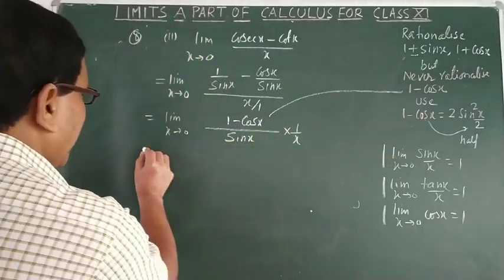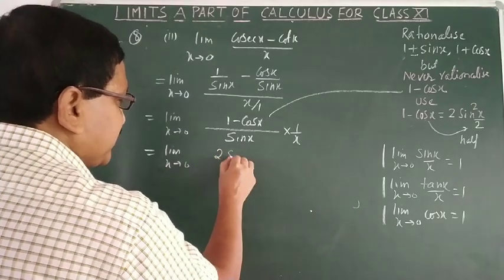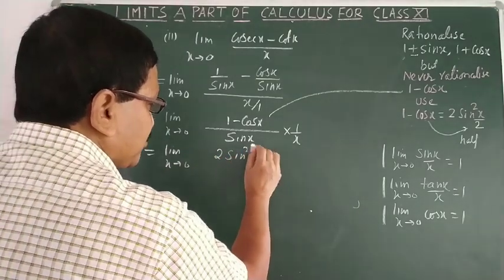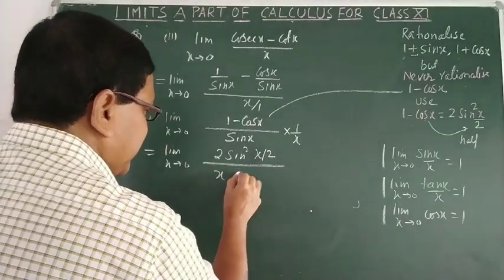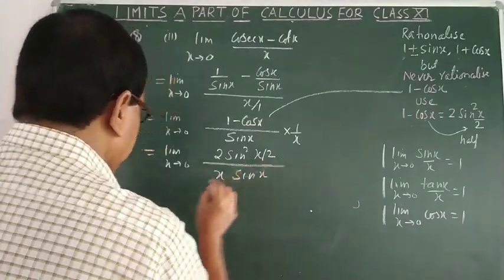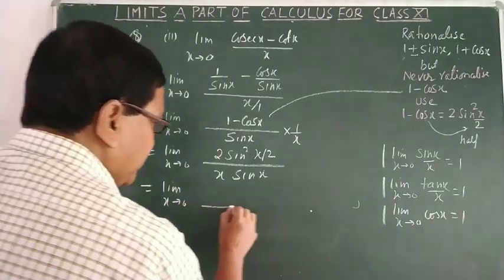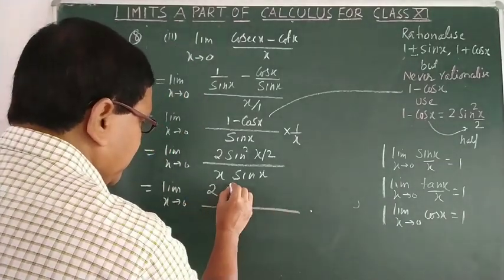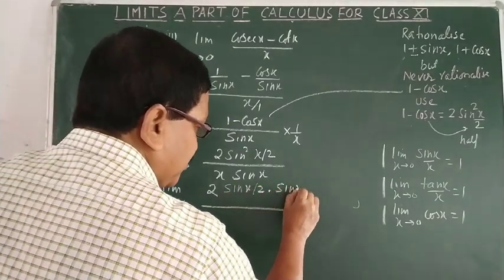So use the formula: limit x tends to 0, 2 sine square x by 2, by x sine x. Now see, 2 sine x by 2, sine x by 2.